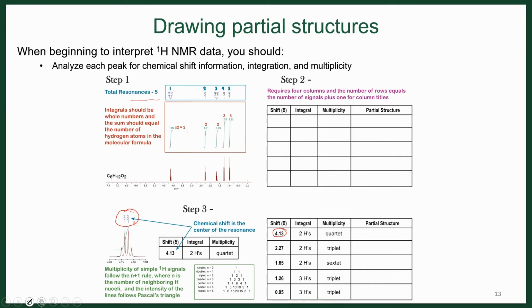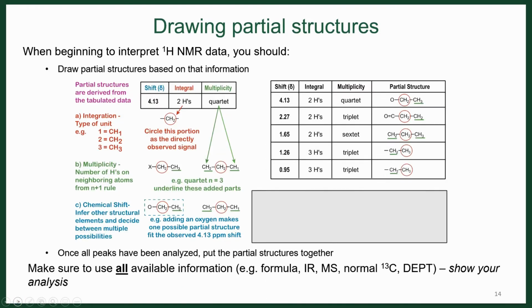We then use this information to think about what possible partial structures we have. This is the part where we're interpreting the values that we've templated into our data set. So the first thing to think about is the integration values. For the integrals here, we have 2 hydrogens associated with this, so it's most likely that we have a CH2 group that we're observing with this individual signal.